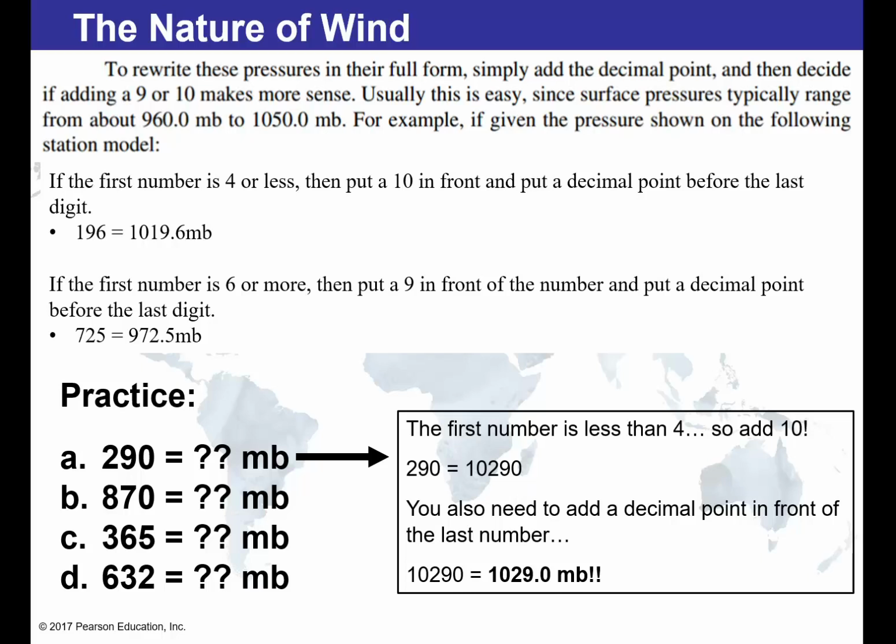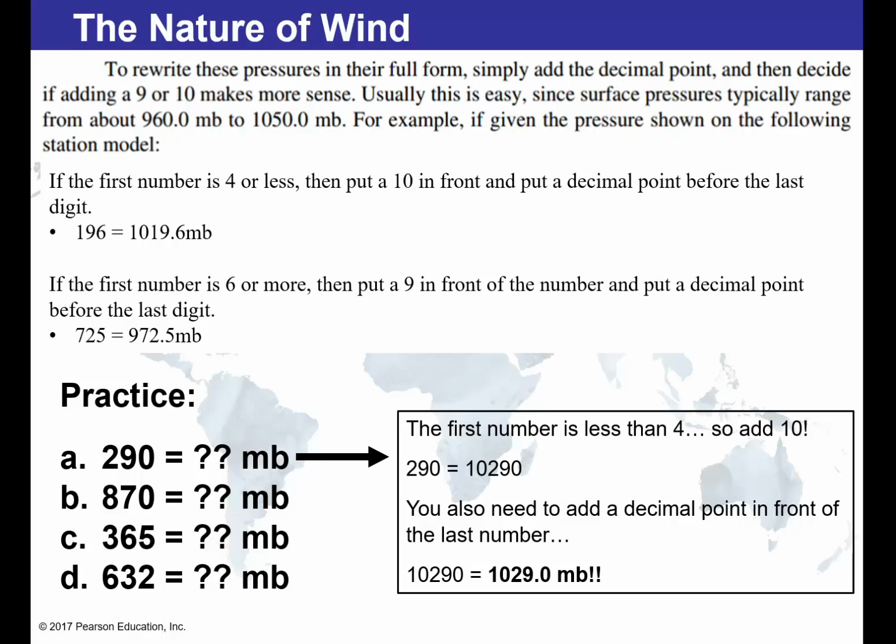Using that same trick, go ahead and see if you can figure out B. I'll walk you through that one, and then you can really test yourself on C and D. So for B, is our first number greater than or less than the number 5? 870, our first number is greater than 5, so it is 6 or more. We are going to add a 9 in front of that number and put a decimal point before the last two digits.